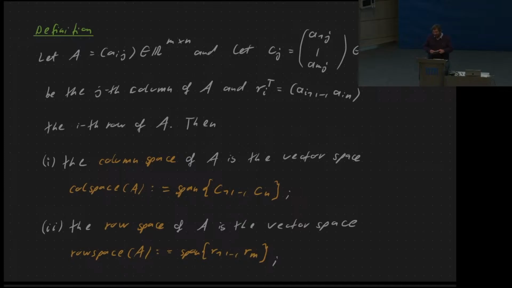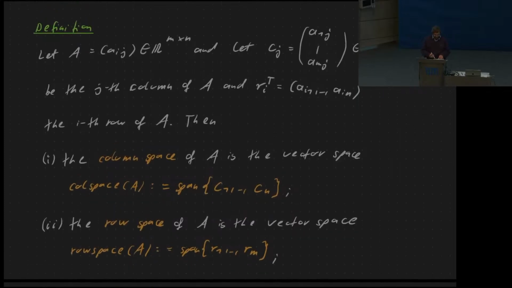Okay, and now, again, we've worked with those already, so I just want to give those things a name because I'll need them frequently. There's a couple of vector spaces that are associated to a matrix. The most simple ones are the column space and the row space.